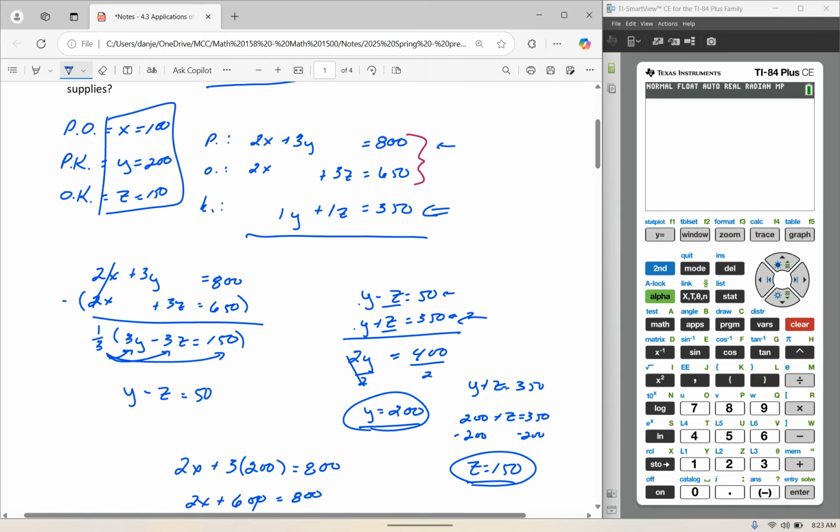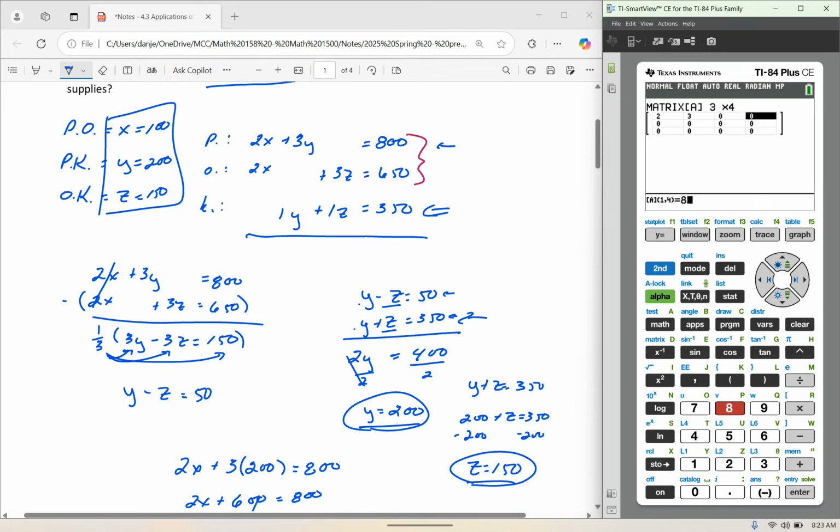Now if you wanted to use matrices, and I go to my calculator, second matrix, I'm going to edit my matrix A. Matrix A is a 3 by 4 matrix because there would be 3 rows and 4 columns. The thing you have to remember here is that the first equation is 2x, 3y, and 0z equals the 800.